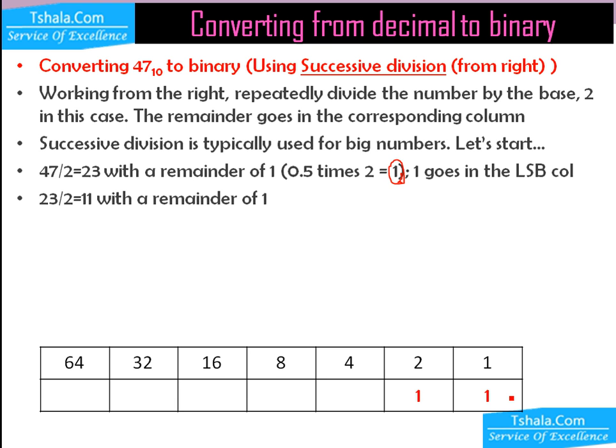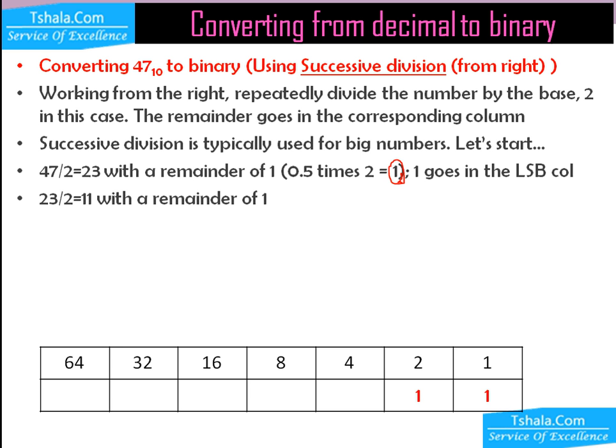We then move on. 23 divided by 2 is 11 and a half. So the remainder is a 1, because remember once again that we have the half, so 0.5 times 2, which is the base, gives a 1, as we've done before.